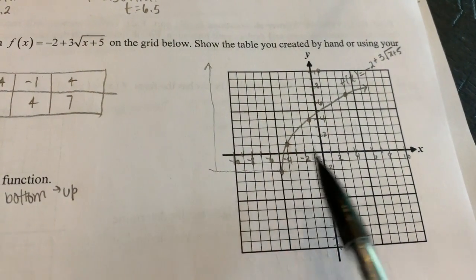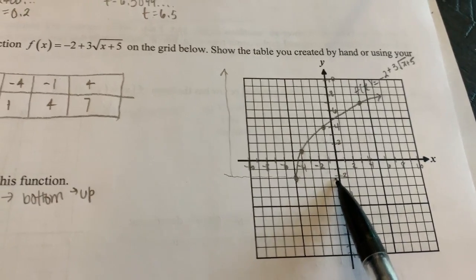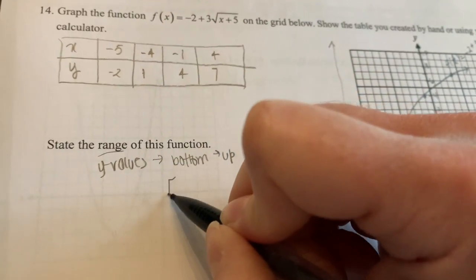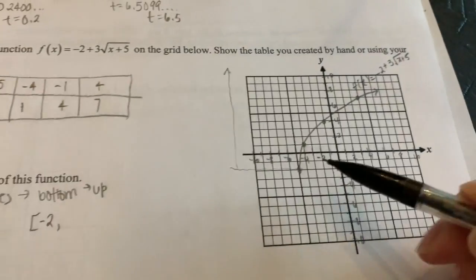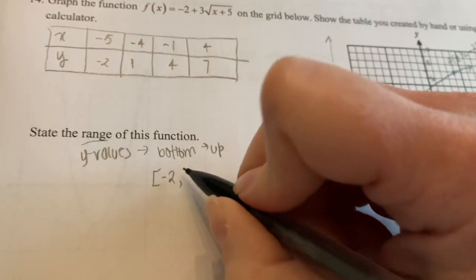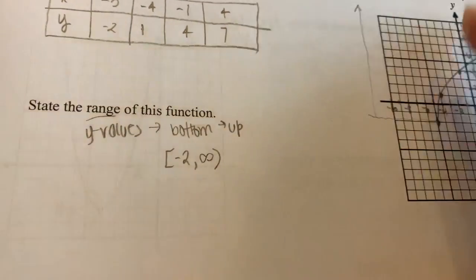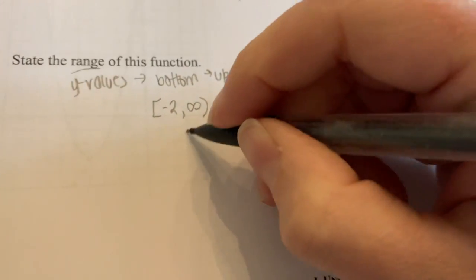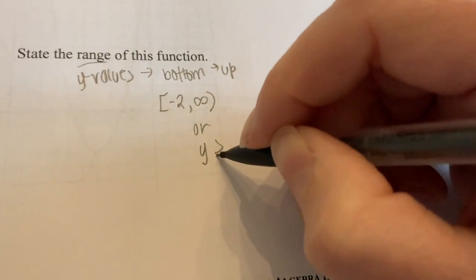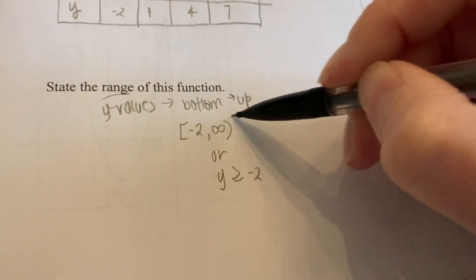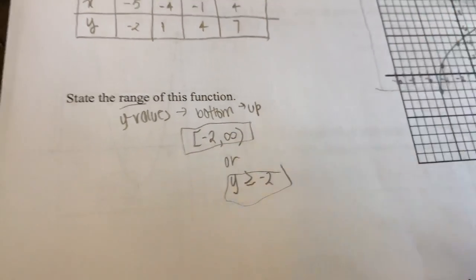So the graph is beginning at negative 2. Okay, and that value is included, and it's going up to infinity. We have an arrow here, we can't be sure when it ends, so you can write it like that, or you can write y greater than or equal to negative 2. Either one of these is fine.